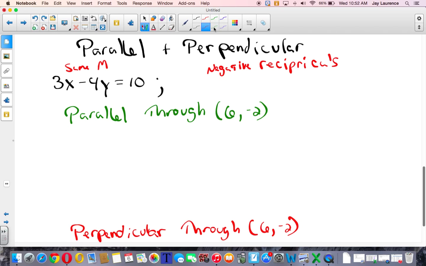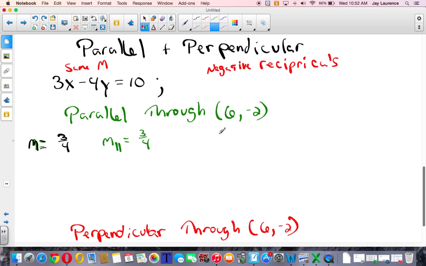So, for this green one, I need the equation of the line parallel to this black line, through this point. Well, let's find the slope. The slope of the black one is 3/4, right? So the parallel slope is 3/4.